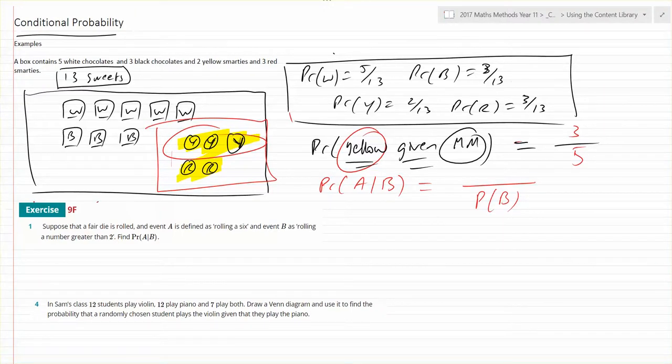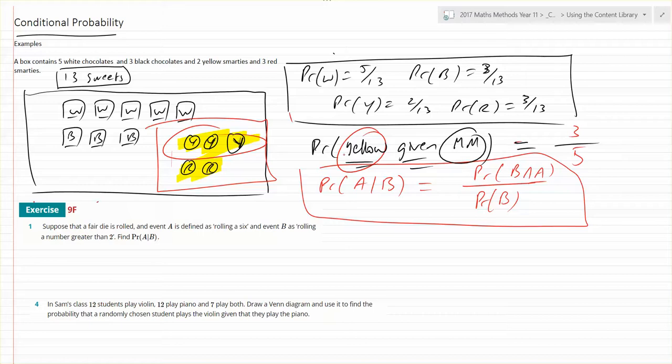So out of the total, the ones I want at the top are the intersection of A and B. So it's the probability of A given B. Write this formula down in your book, because that's the formula you'll be using a lot.